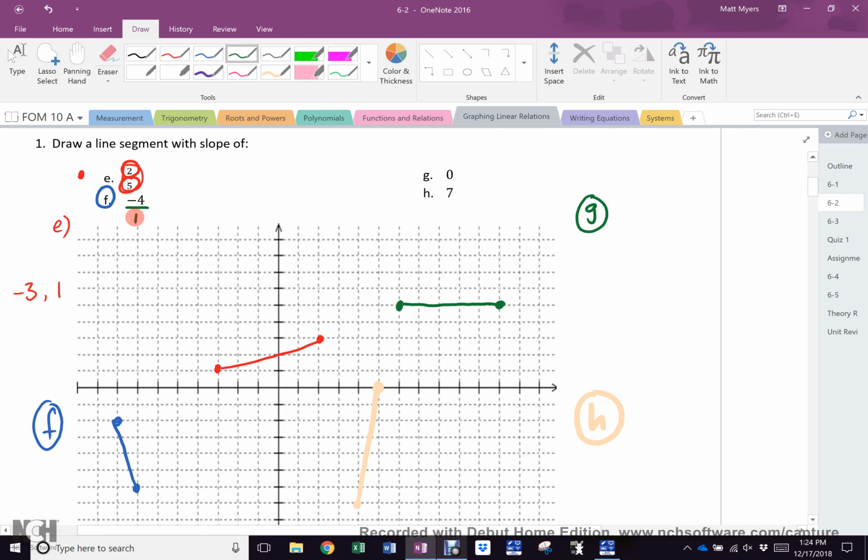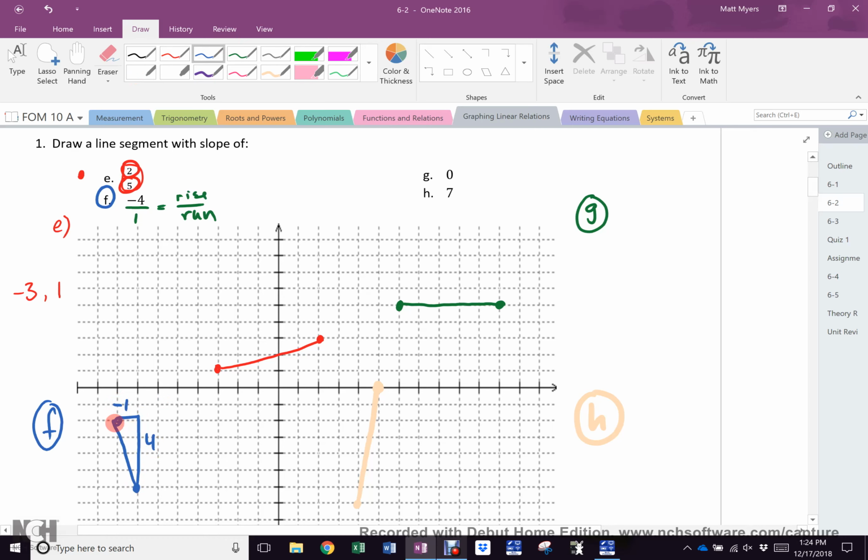So, is that a fraction? In slope, fractions are rise over run, correct? So you start at any point, you rise 4, and you run negative 1. One of the directions has to be negative.